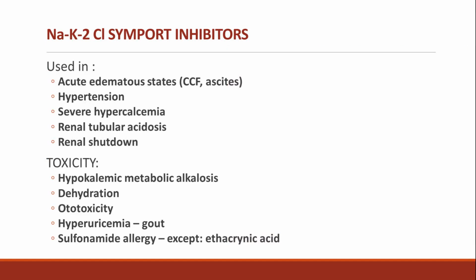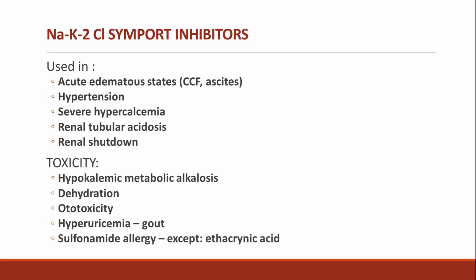Loop diuretics remain effective even in reduced renal function, which makes them suitable in acute renal failure and pulmonary edema. They rapidly reduce preload by venodilation, which helps relieve pulmonary congestion before diuresis begins. Their rapid onset makes them useful in emergencies.